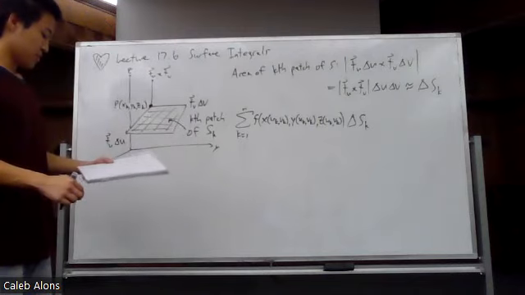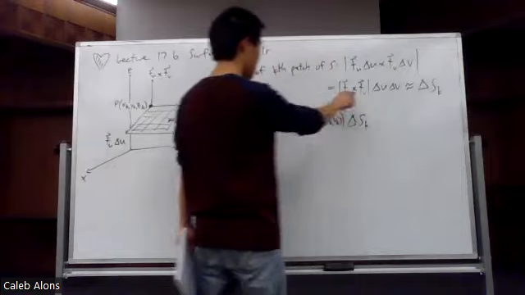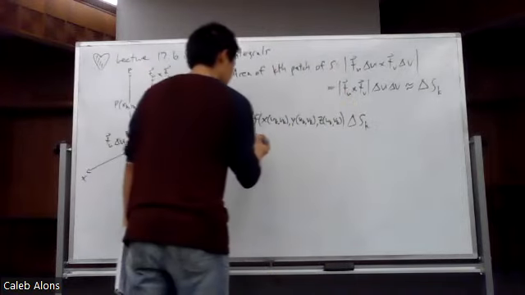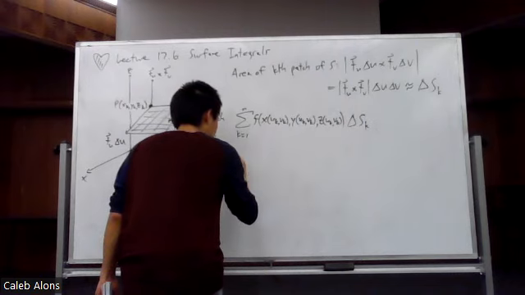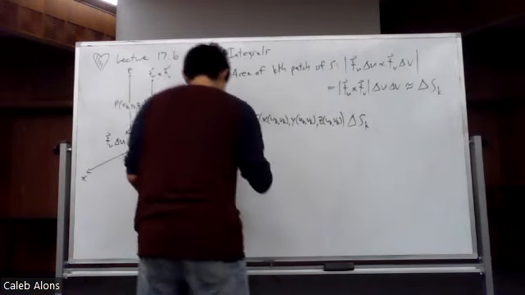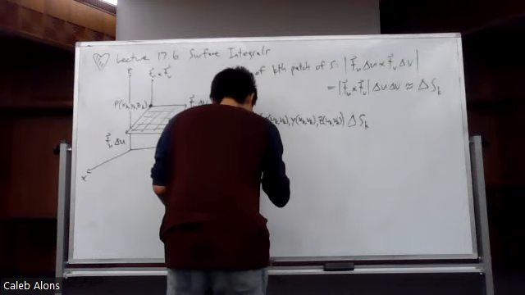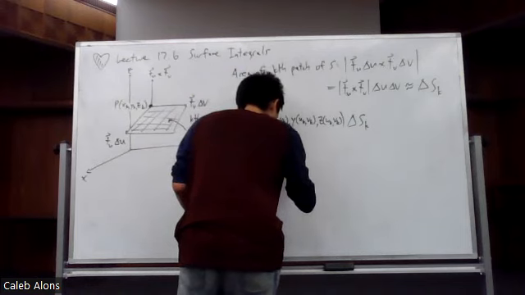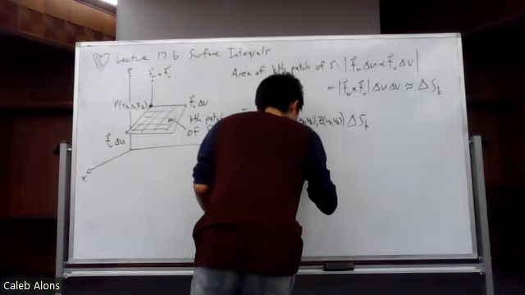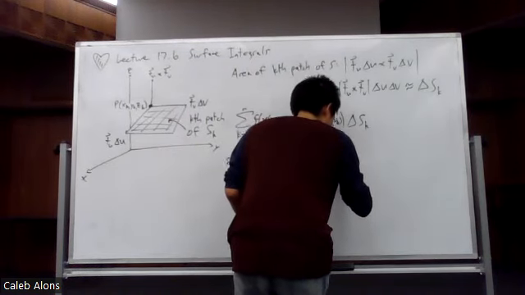And because we want to approximate this with respect to TU and TV, this is approximately the sum k equal to 1 to n of f of x of uk, vk, y of uk, vk, z of uk, vk.